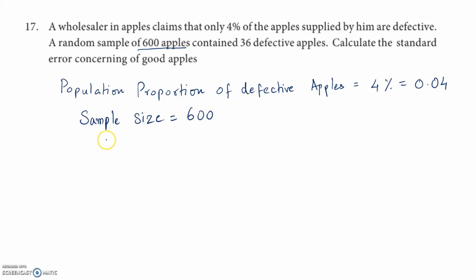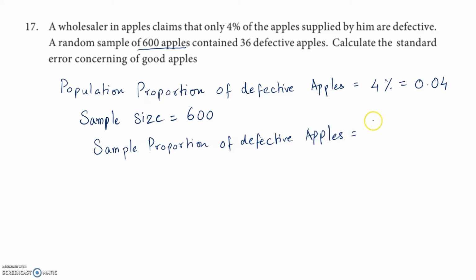Next, what is the sample proportion of defective apples? Sample proportion of defective apples is equal to 36 over 600. Using a calculator, you can calculate this as 0.06. Okay.